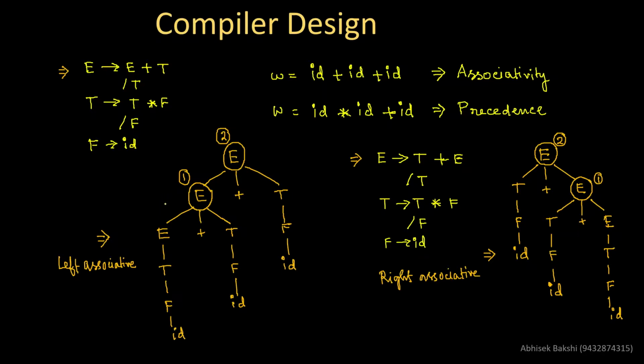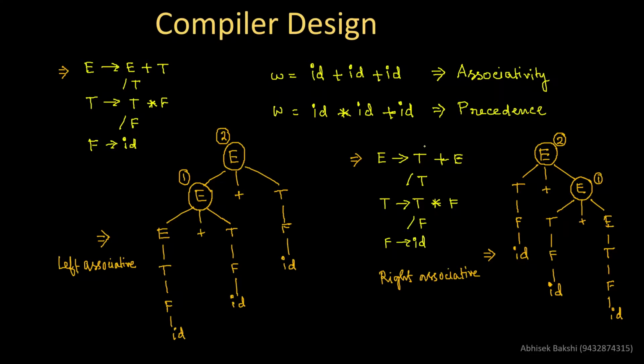And if it is just the opposite, as you see in the other case, I have just inverted the position of E in the right hand side part. I've kept E as the rightmost character of the RHS, and it becomes right associative.